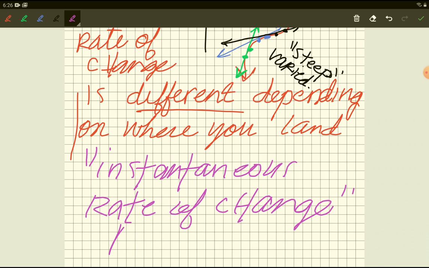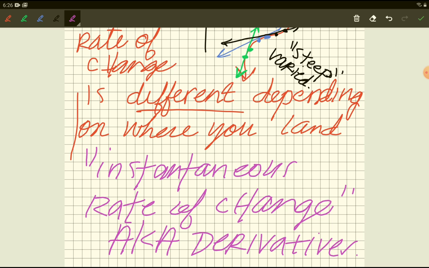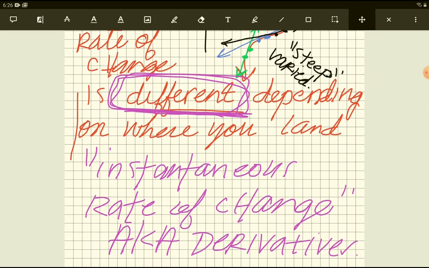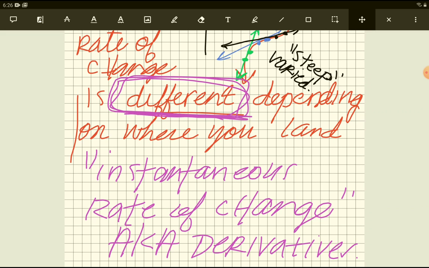All right, aka derivatives. All right. Differentiation. That's where we get that word from. The rate of change differs depending on where you land on that curve.